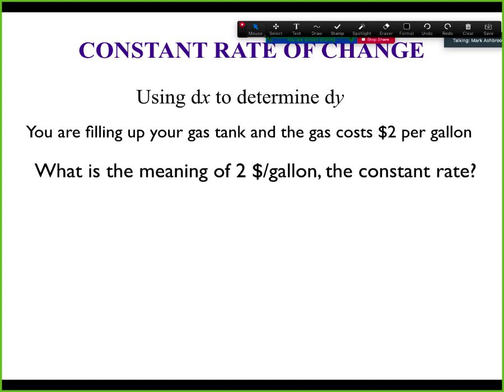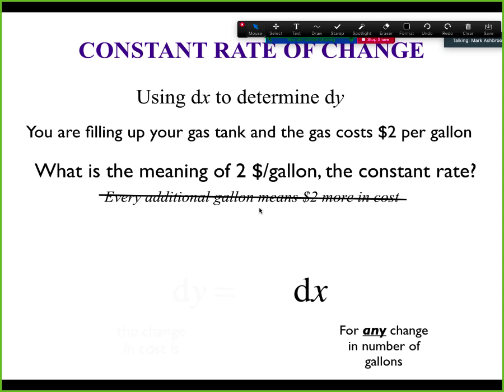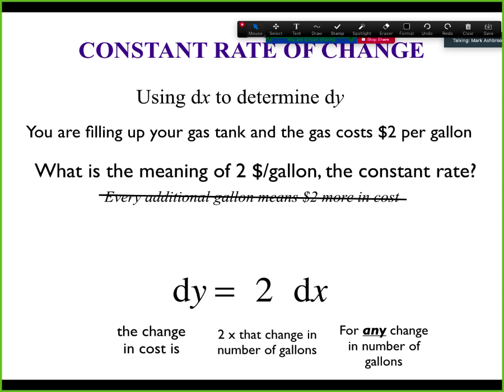Good, yeah. No matter how many gallons you buy, you can multiply that by 2, and it'll tell you how much your additional cost is. So it's not just about how much 1 gallon or one additional gallon costs. For any number of gallons, the cost, or the change in cost, is 2 times that change in gallons.